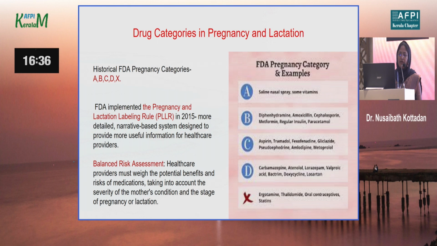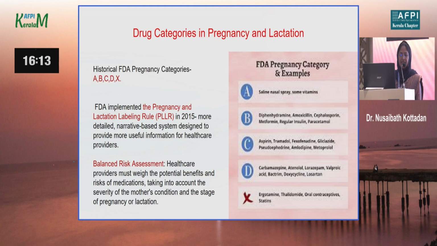And drug categories in pregnancy and lactation. We are all familiar with the earlier historical FDA pregnancy categories like A, B, C, D, X, but it is no longer used now. The FDA implemented the Pregnancy and Lactation Labeling Rule in 2015.